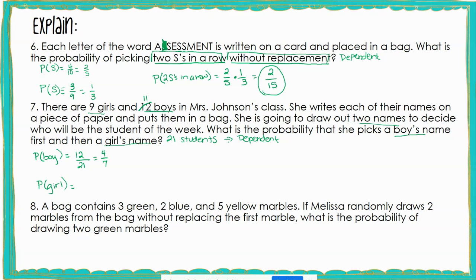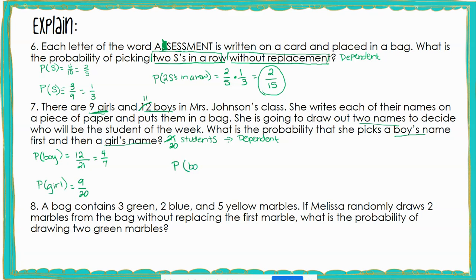There are still 9 girls' names in that bag. However, because we pulled one name out that was a boy, there are no longer 21 students. Now there are only 20 total students' names in the bag. So the probability of choosing a girl's name next is that there are 9 girls' names out of 20 names left in the bag. That cannot be simplified, so I would leave it just like that.